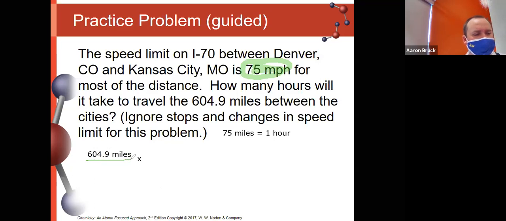Now, as far as fractions are concerned, my initial unit has no denominator, so we can think of the denominator in this case as a 1. I have miles in the numerator, which means I should have miles in the denominator of my conversion factor. And therefore hours in the numerator. The rate is 1 hour for every 75 miles.